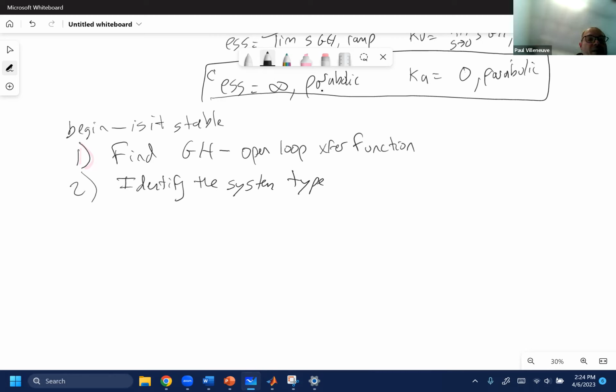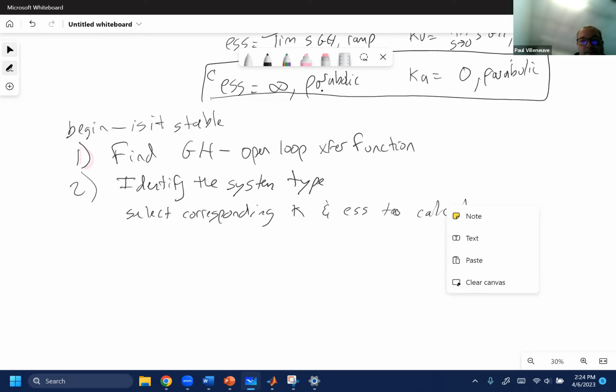So by identifying the system type, it helps you select the corresponding K and ESS to calculate. What I mean by that: let's start off with type 0.